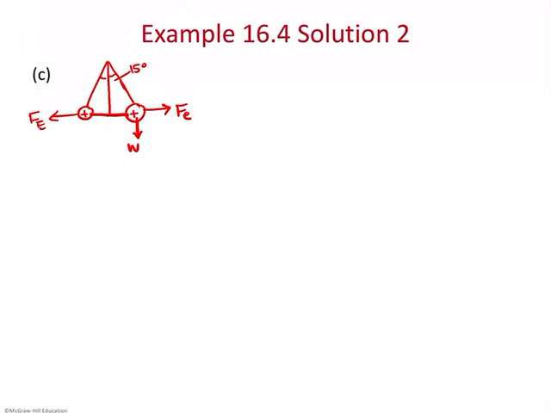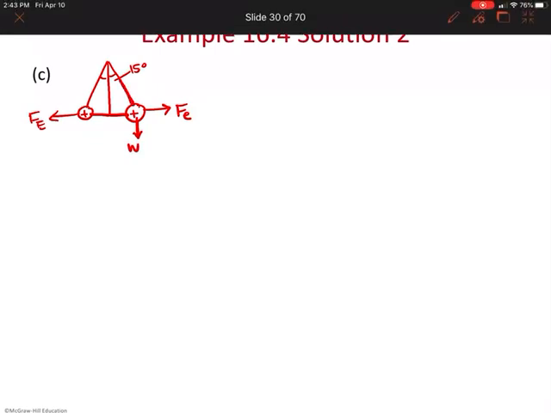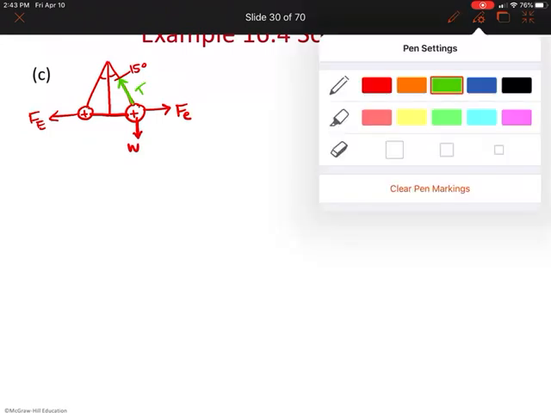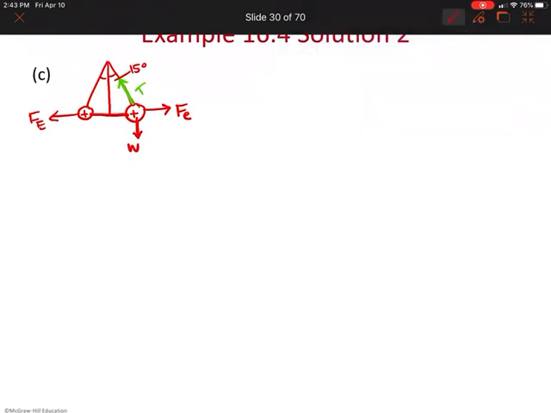And then you have this force right here. Let me see if I can figure out a different color for a minute. So you've got this force going like this. This is tension. Okay? So you've got lots of different forces happening, so we need to break them up into X and Y components. If we do our forces in the X direction, we have our electrostatic force minus our tension force. Now, think about this.